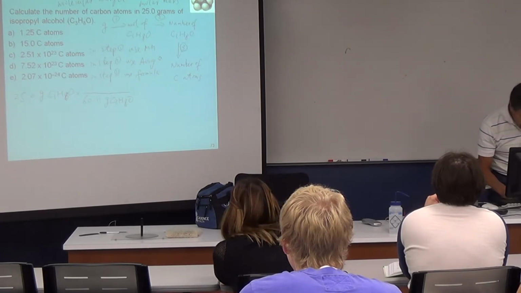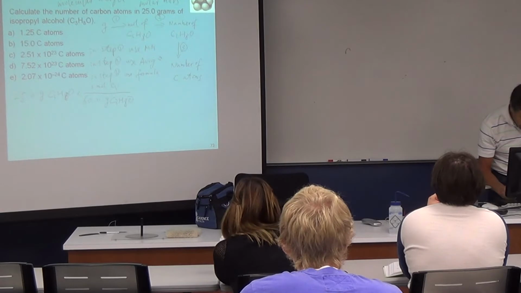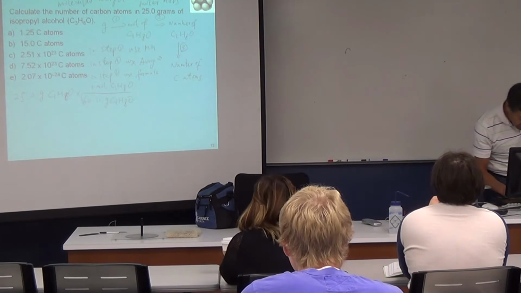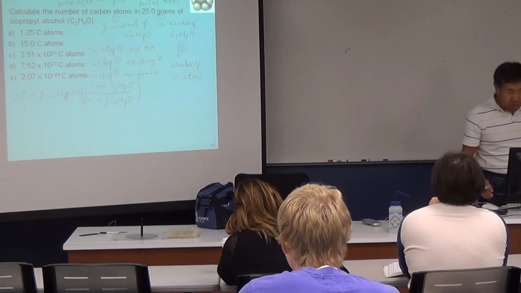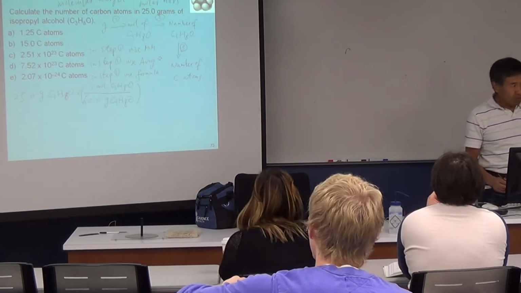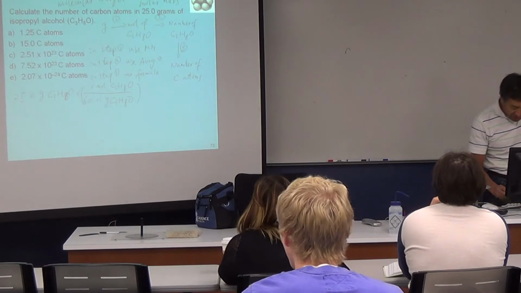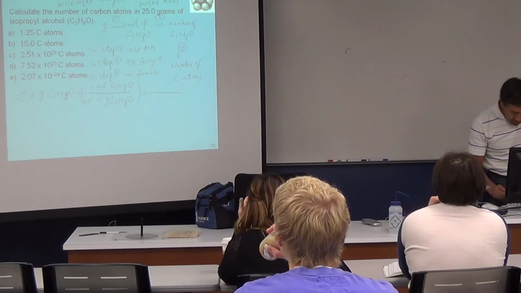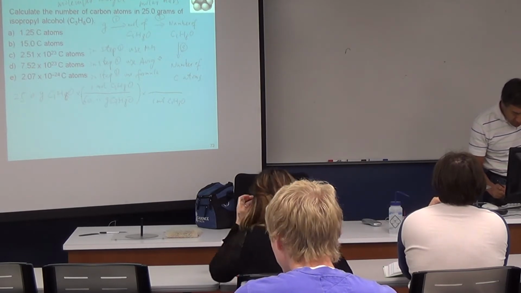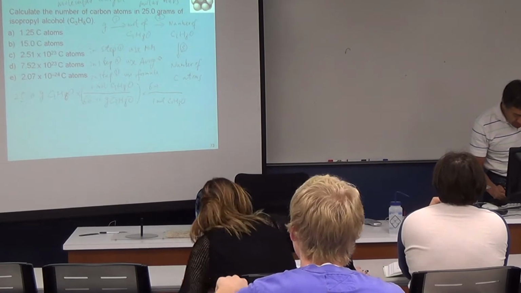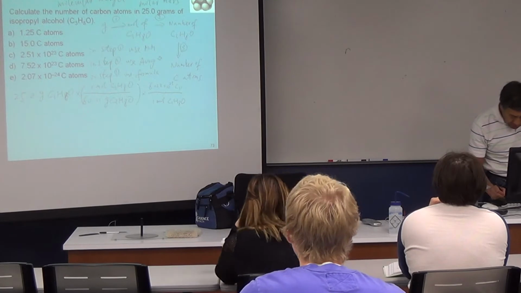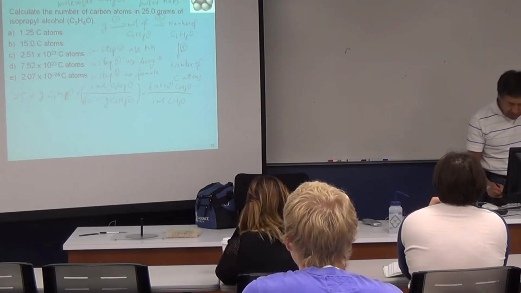So that is equivalent to 1 mole C3H8O. Right. So this first fraction that I circled right now is from the molar mass. Then for the second fraction you're going to use the Avogadro number, which means for every 1 mole C3H8O, there is 6.022 times 10 to the 23rd C3H8O, as a whole.